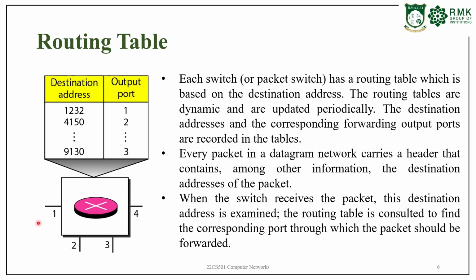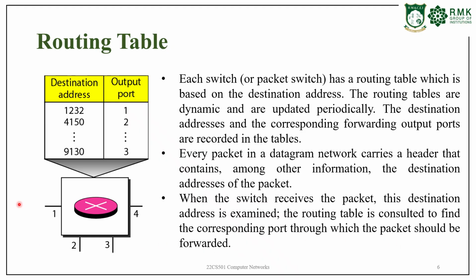Here each router has a routing table. The routing table contains the destination address and the output port. Each packet in a datagram network carries a header that contains, among other information, the destination address of the packet. When the switch receives that packet, the destination address is examined. The routing table is consulted to find the corresponding port through which the packet should be forwarded.